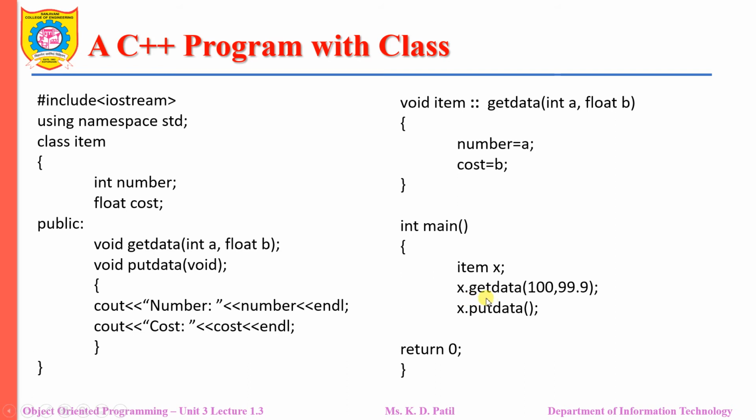Now here I have called the member function getdata, and I have passed two arguments to that getdata function, that is 100 and 99.9. So 100 will go to a, and then the value of a will pass to the number, and then 99.9 will go to b, as we have to match these parameters with the arguments which we are going to pass to our function. 99.9 is the float and the value 99.9 will go to the parameter b, and that b value will be stored in the cost variable.